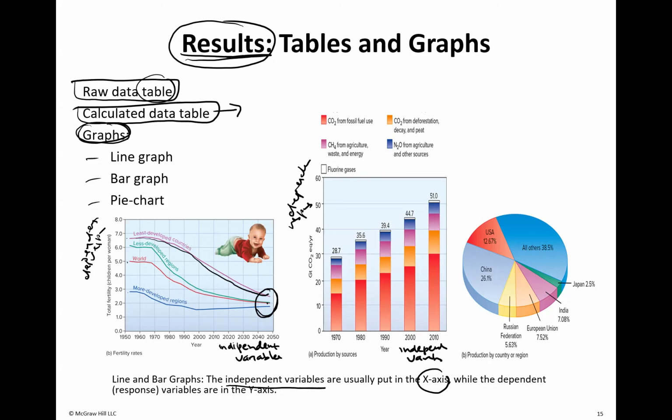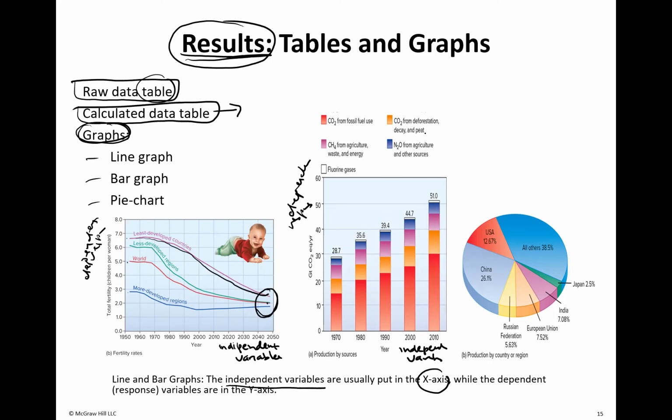This is the data showing us the production of the primary greenhouse gases, which are carbon dioxide, methane, fluorines, and also nitrogen oxide.